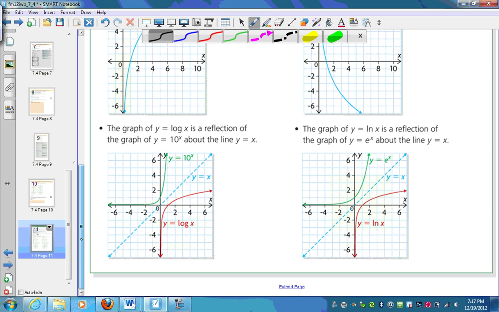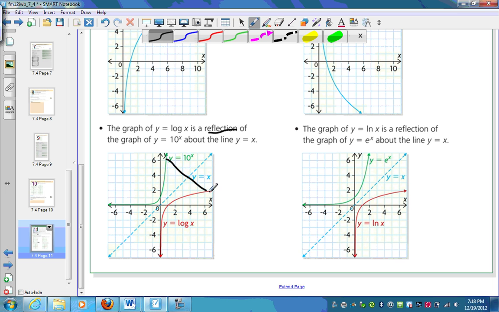In fact, the graph of y equals log x is a reflection, or an inverse, of y equals 10 to the x. So this is the graph of y equals 10 to the x. To inverse something, you switch the x's and the y's. In other words, you draw the line y equals x. Remember slope-intercept form: it has an intercept of 0 and a slope of 1. And you just take each point and reflect it.